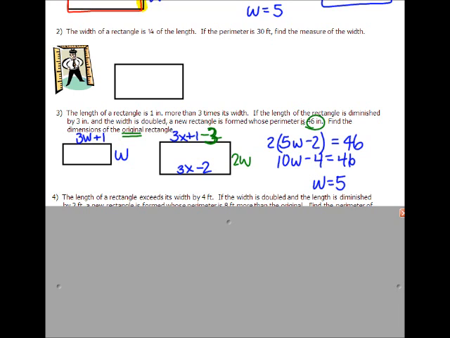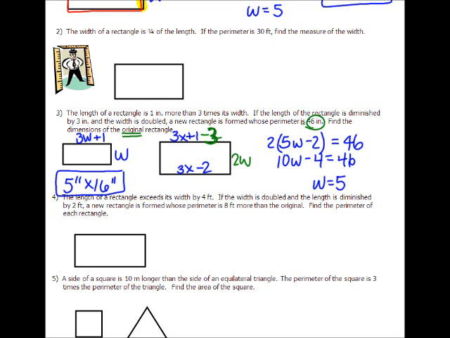So if w is 5, then the length is 16. So the dimensions of the original rectangle are 5 inches by 16 inches. Okay, sorry I messed you up with the x's and the w's there, but I think you probably can figure that out.